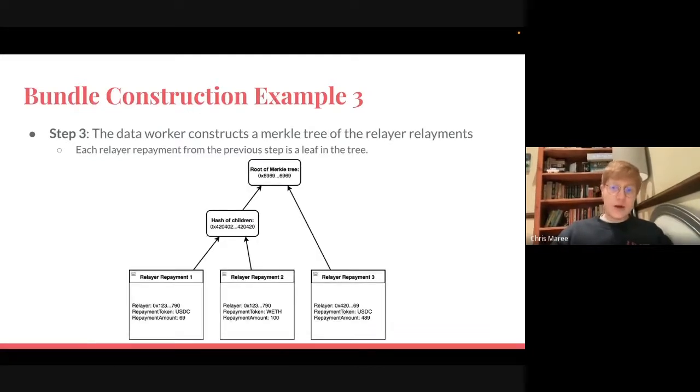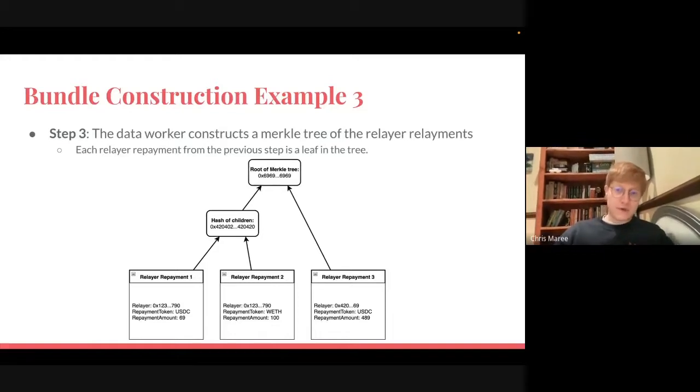Step 3, we construct the Merkle tree that we spoke about earlier, right? So the very base of the Merkle tree are the actual data blobs, right? The repayments that we just constructed in the grouping stage before. So we construct the base of the tree. We then hash all the way up to get the root of the Merkle tree, right? And by proxy, in the same process here, we're going to construct the proofs, right?